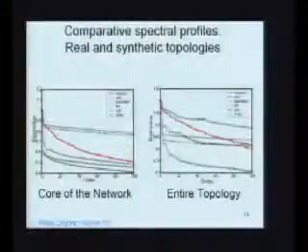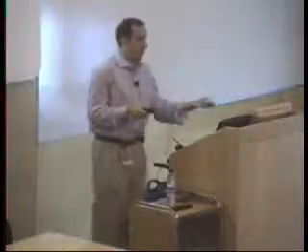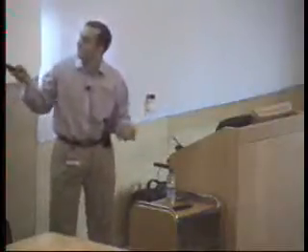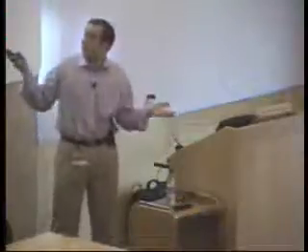This spectrum of eigenvalues and this separation of the second eigenvalue from one is not something that has been observed only in real data and topologies like the internet, but it also exists in other cases, for example graphs generated by other models like Waxman and INET.